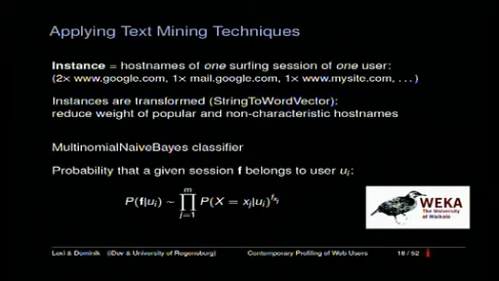Then we can use the so-called multinomial naive Bayes classifier in order to classify texts or hosts or sessions. I'm not going to talk about the intricacies of this formula here, but I just tell you that the basic idea is that the more often you're observing a host in a session, the more likely it is a session that belongs to a given user if the user has accessed this host in the past, which makes total sense.